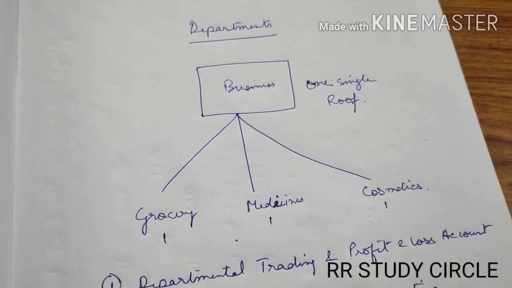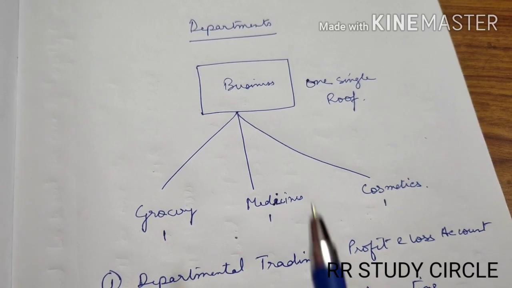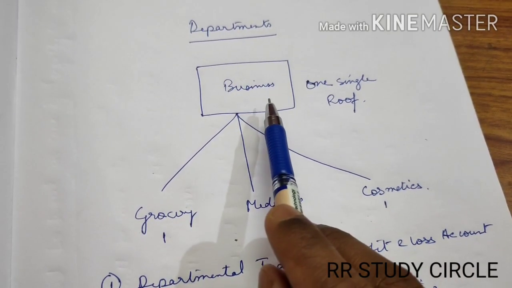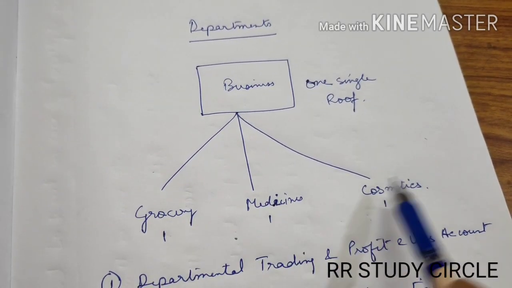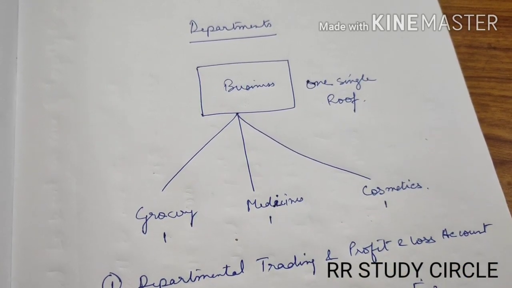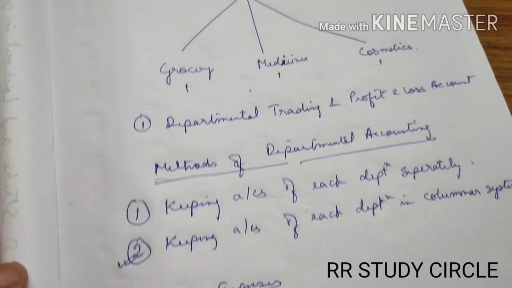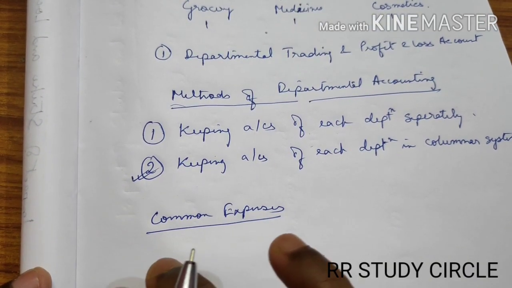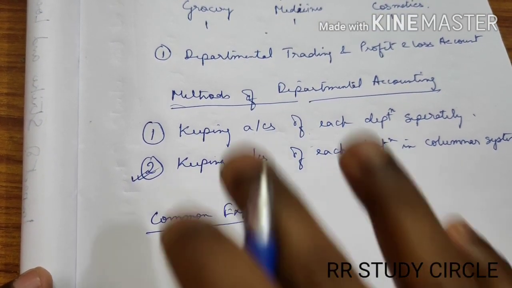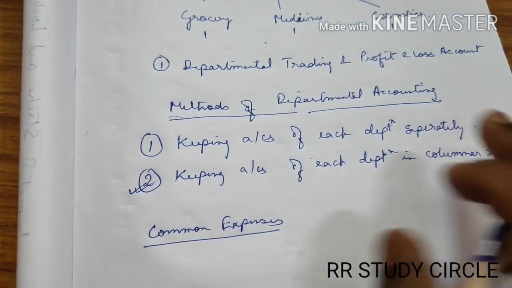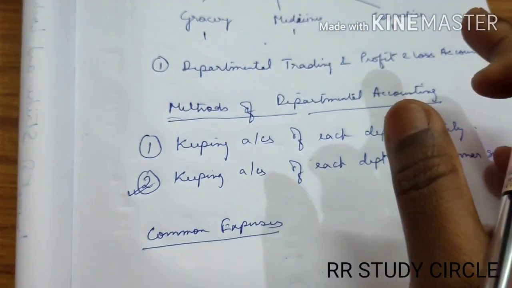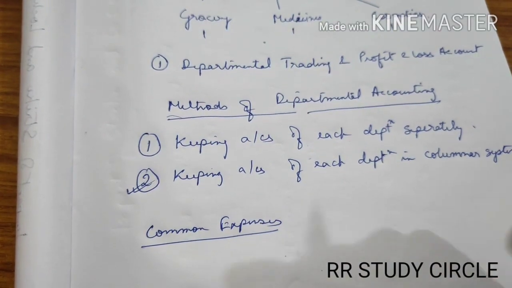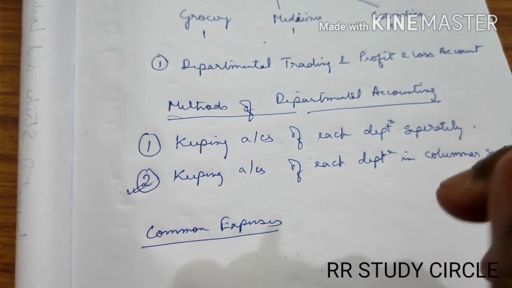Is it clear? So this is called common expenses. The expenses have been paid by the business on behalf of all the departments. Now these common expenses have to be allocated amongst various departments on certain ratios and proportions. So we will discuss that.